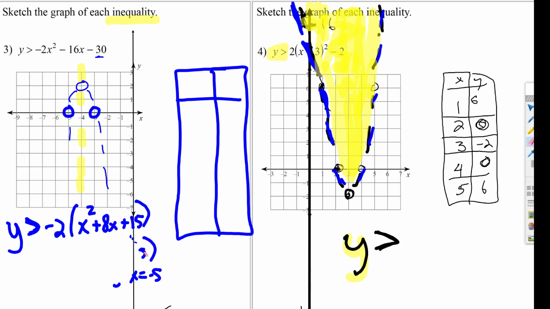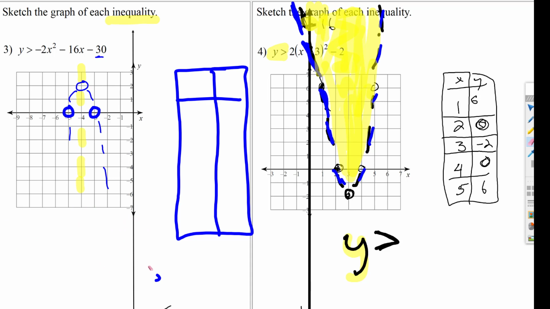I'm going to erase this stuff now. You can go back and rewind if you need that back up there. So we're going to go all the way here. I'll put negative 30 right there. I didn't do that very well, but you kind of get the gist.